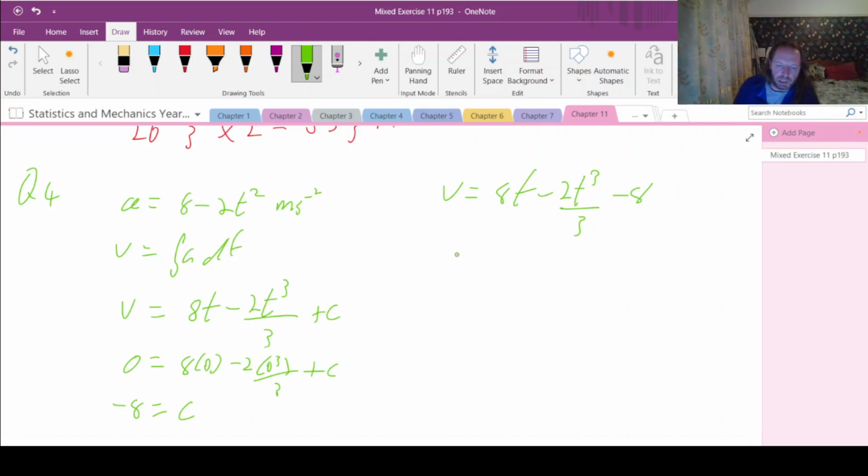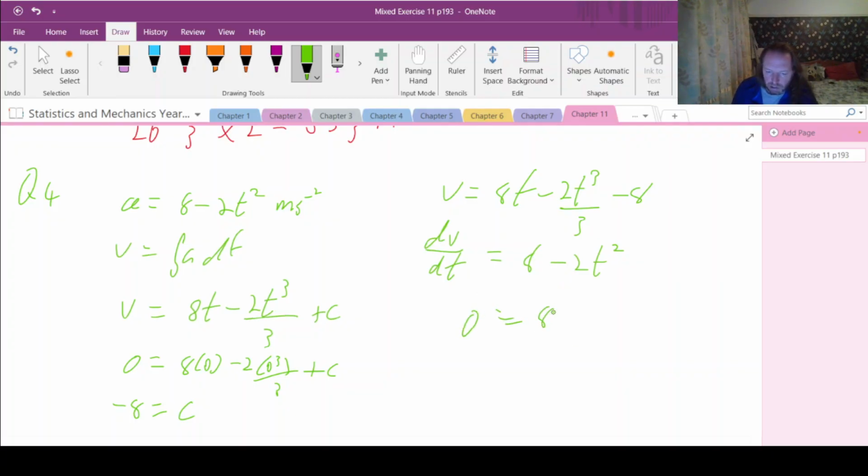So if we do dv by dt, we end up with 8 minus 2t squared, of course, and we set that equal to 0.